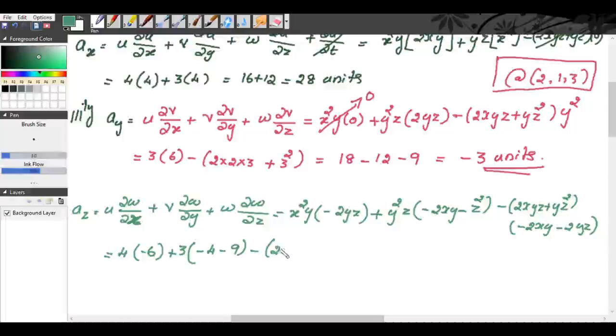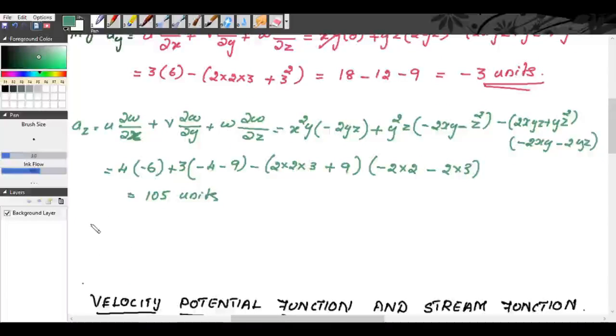So 2 into 3 plus y is 1, z square, 3 square, it is 9, multiplied by minus 2 into 2 minus 2 into 3. So substituting, we get AZ is equal to 105 units. So now our A is equal to square root of AX square plus AY square plus AZ square.